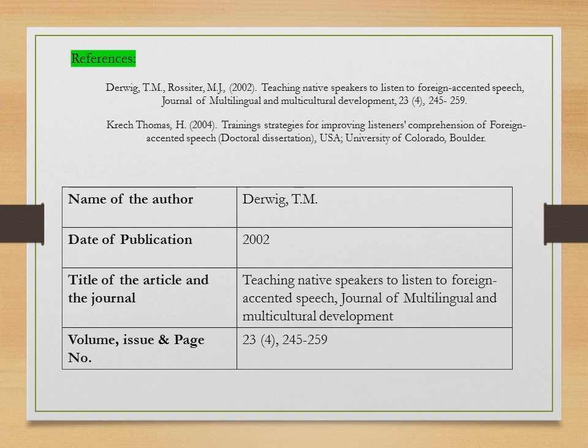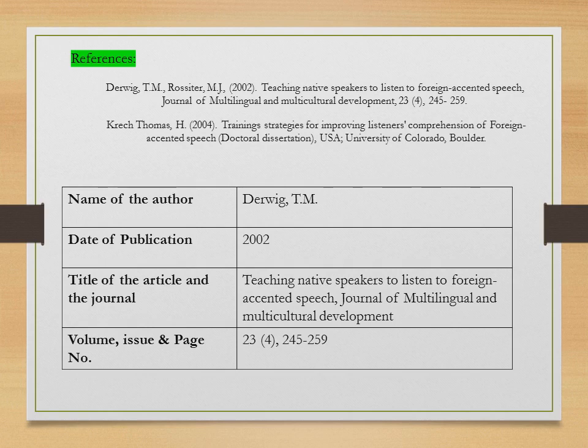Then the period, the title, Training Strategies for Improving Listeners' Comprehension of Foreign Accented Speech, which was taken from a doctoral dissertation in USA. The place where it was published is the University of Colorado, Boulder.